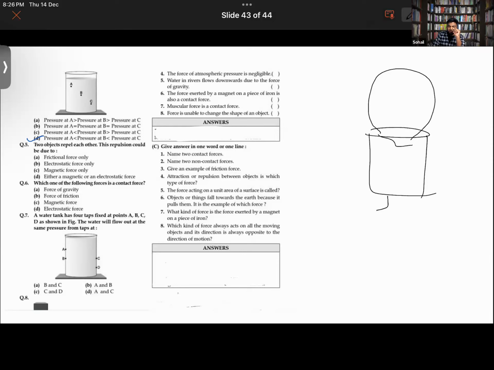So what will happen to the air that is inside the jar? What happens? Answer this. What would happen if the air inside the jar is pumped out?